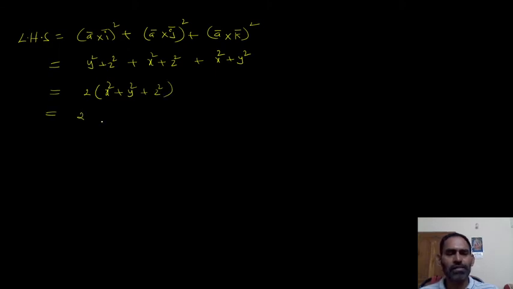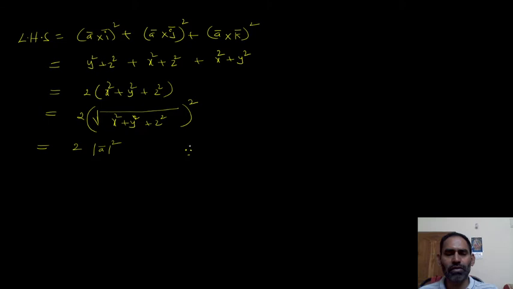One more step, we can write x square plus y square plus z square as the square root of x square plus y square plus z square whole square. Both are same. So this implies 2 into the magnitude of a bar, mod a bar whole square.